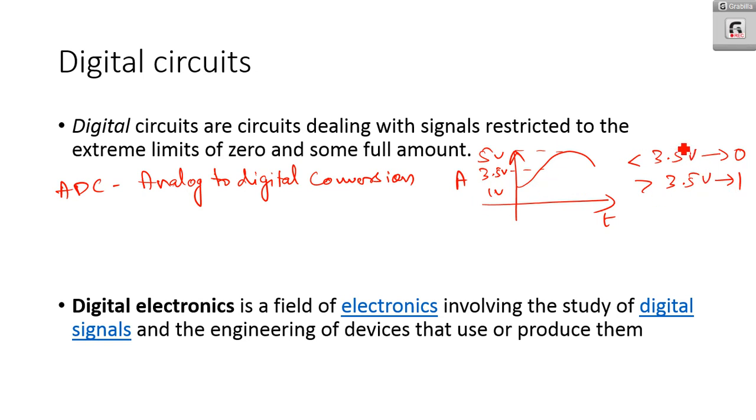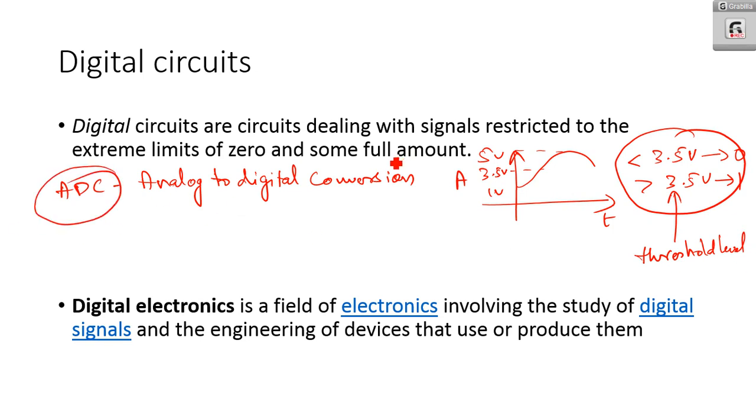This conversion based on some threshold level is performed by the analog to digital conversion circuit. The exact reverse operation is done by the DAC, that is the digital to analog conversion block.